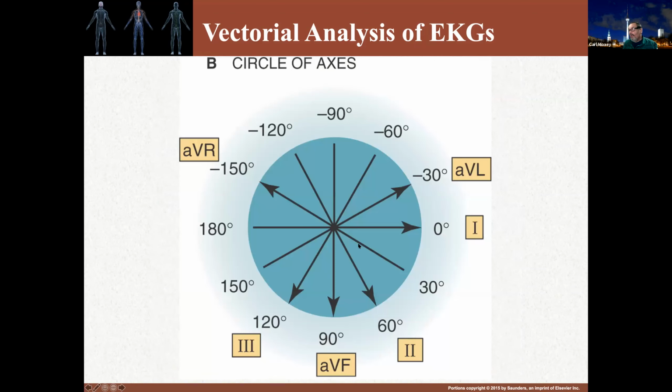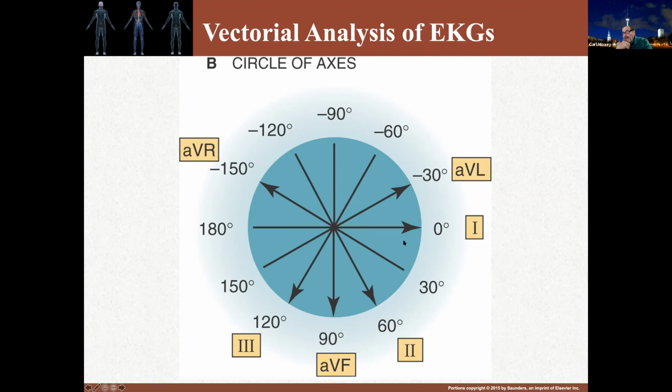And now we can put it all together in this circle of axes. You can see lead 1, here's the arrow pointing to 0. Remember, the arrowhead points to the positive terminal. In lead 2, plus 60; lead 3, plus 120. AVR is designated as being minus 150.